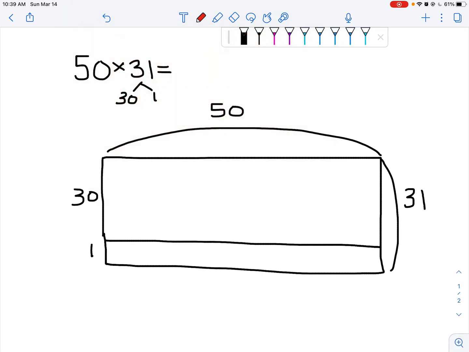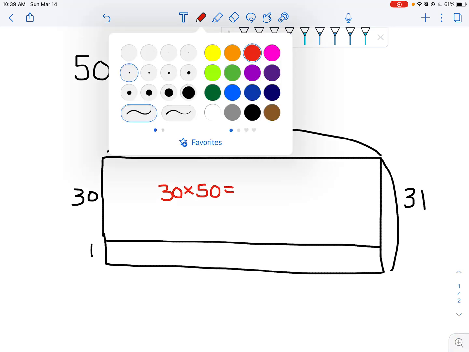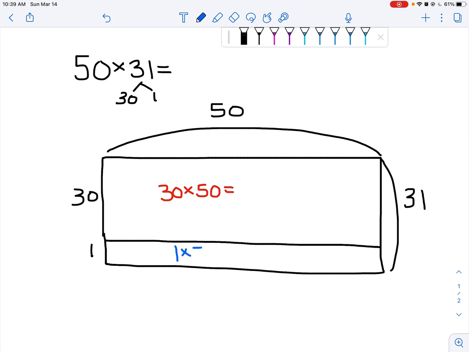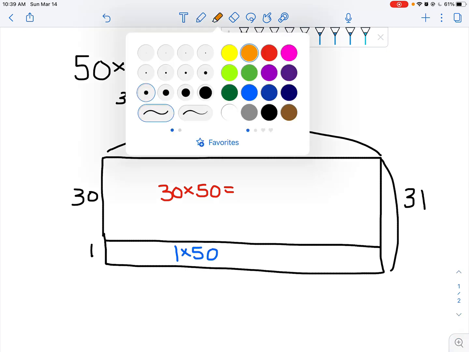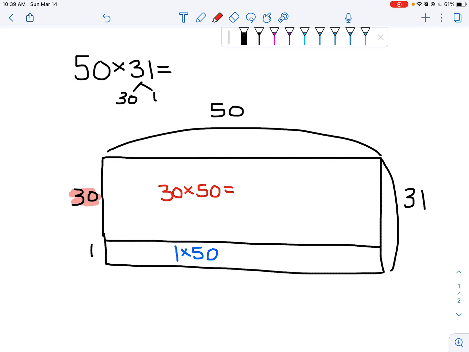And so I'm going to have my two equations, and I'm going to put it inside just so I can keep track. My two equations are going to be my 30 times 50, and then my other equation is going to be 1 times 50, right? We're taking our 30 and multiplying it by our length, and then we're taking our 1 and multiplying it by our length. So we know that 30 times 50, I know 3 times 5 is 15, so 30 times 50 is 1,500 because, again, I know I'm going to shift those place values over by two places because of those zeros there.